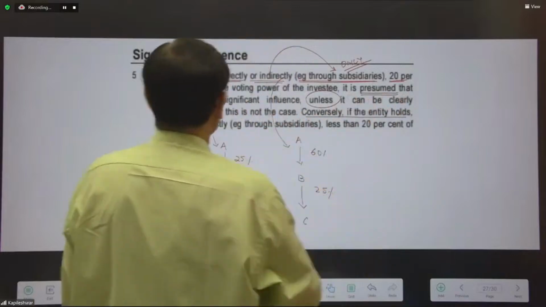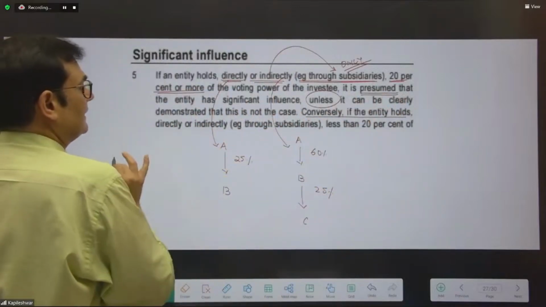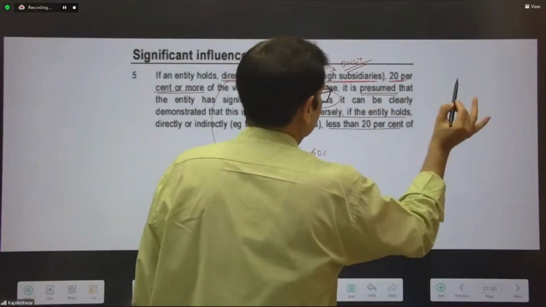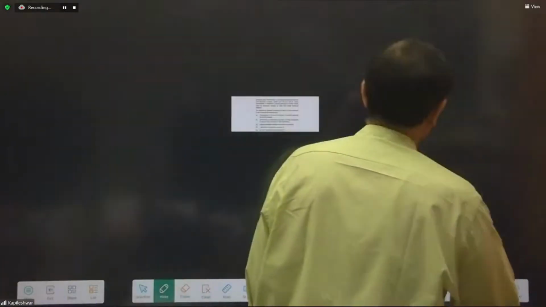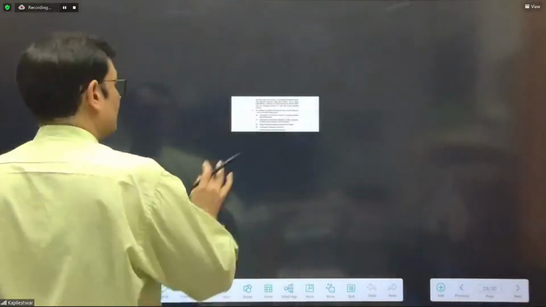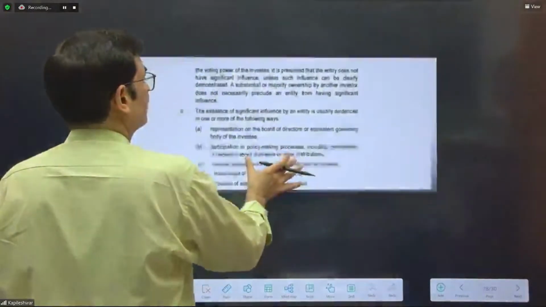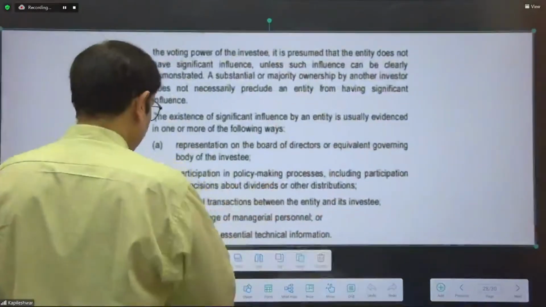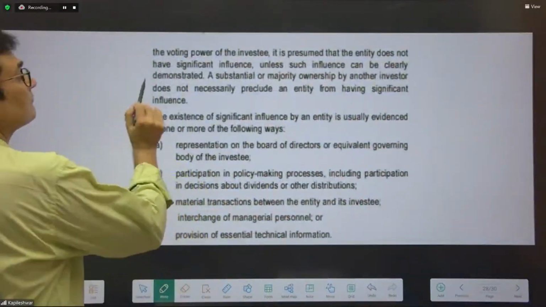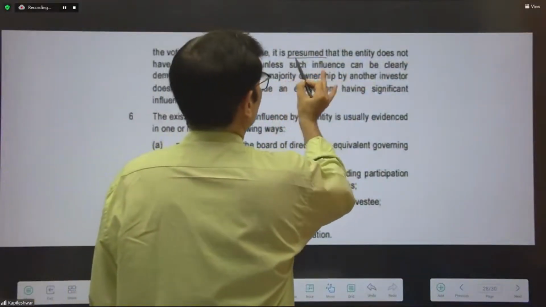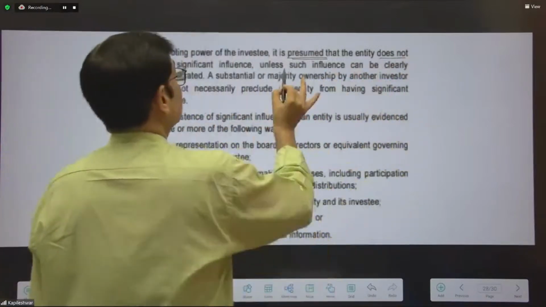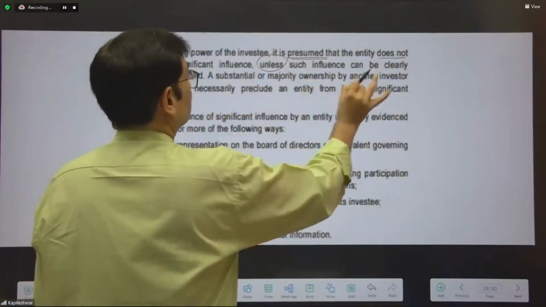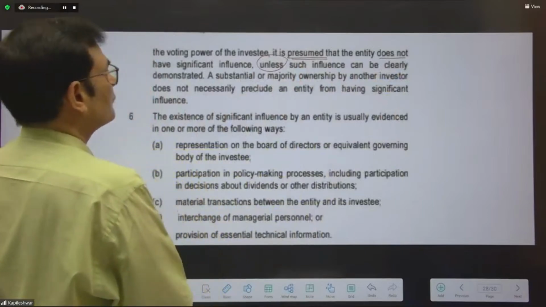Conversely, if the entity has directly or indirectly less than 20% of the voting power, it is presumed that there is no significant influence. So it is presumed that the entity does not have significant influence unless such influence can be clearly demonstrated.